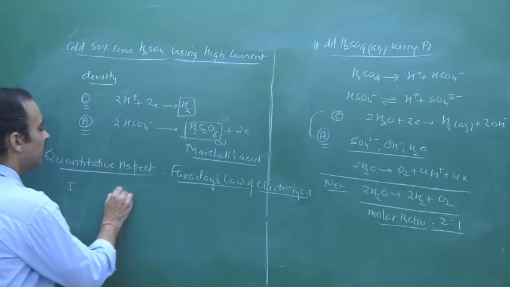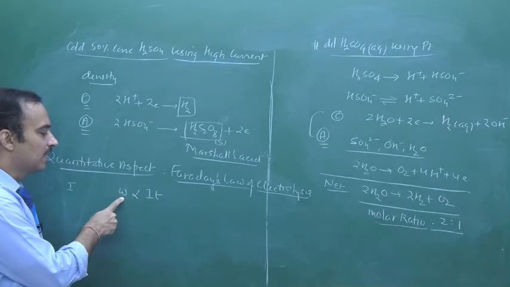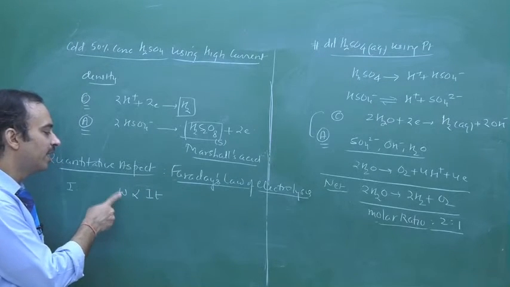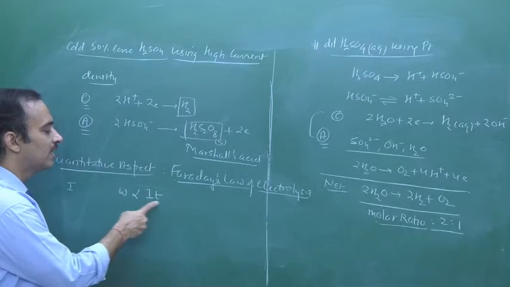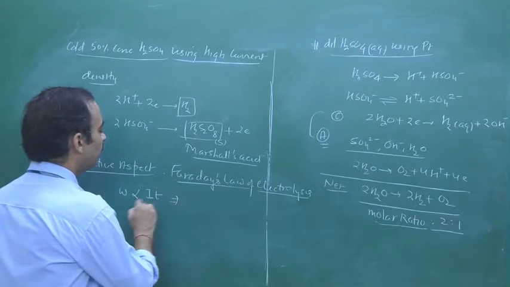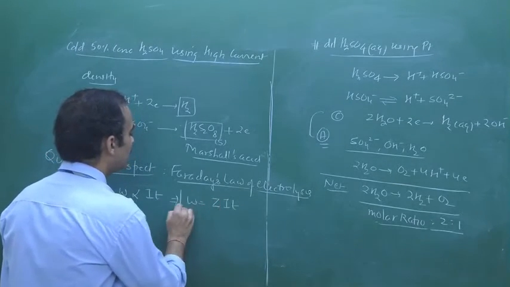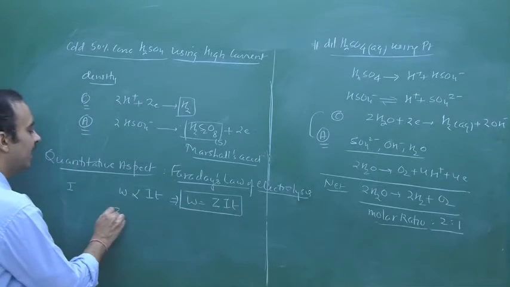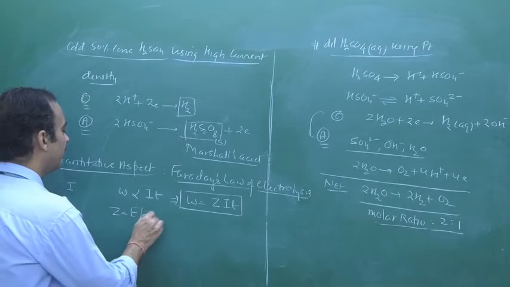That means W is proportional to IT. Now on removing this proportionality sign, we will get Z. What is Z here? It is electrochemical equivalent.